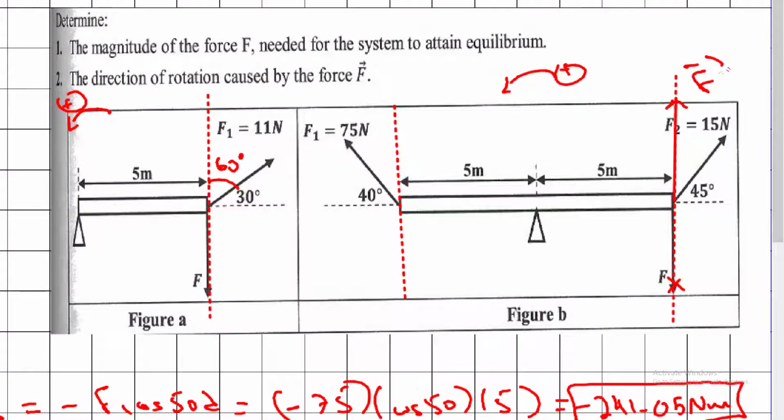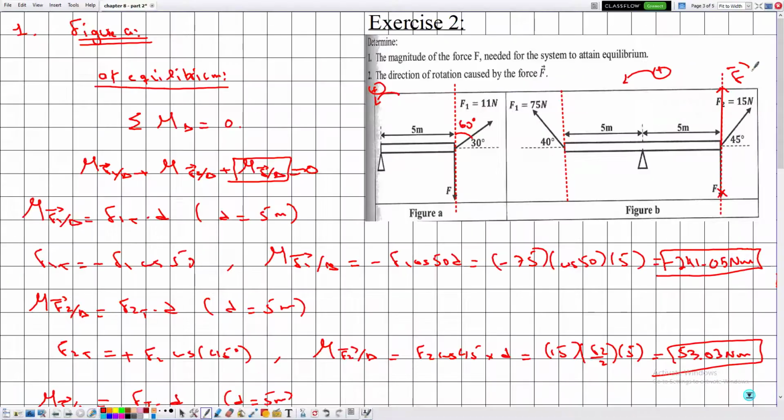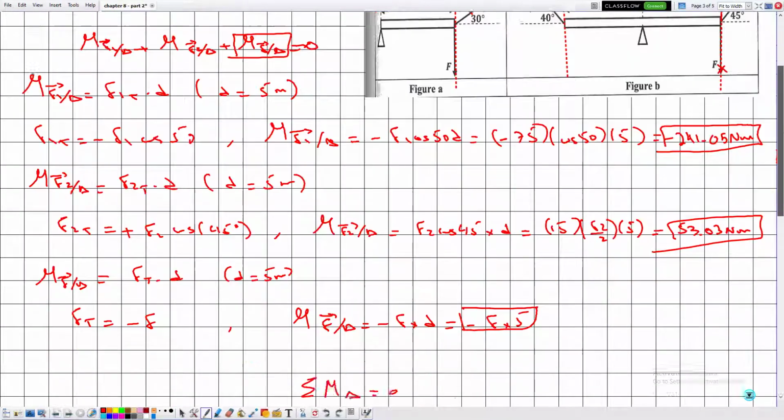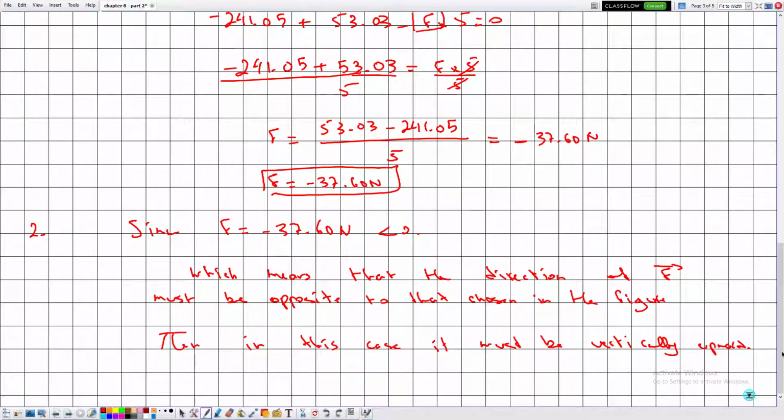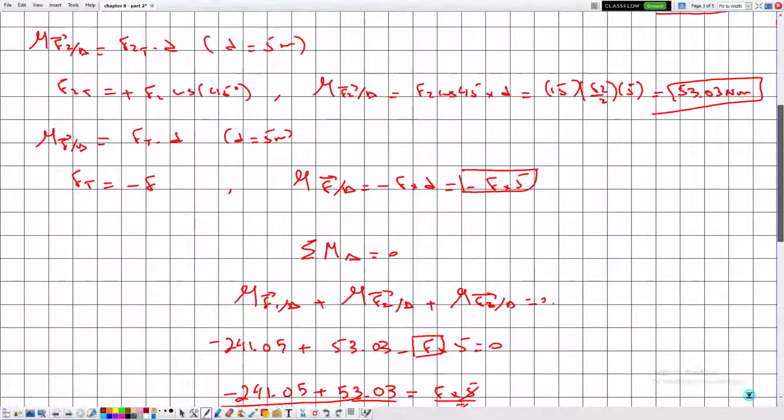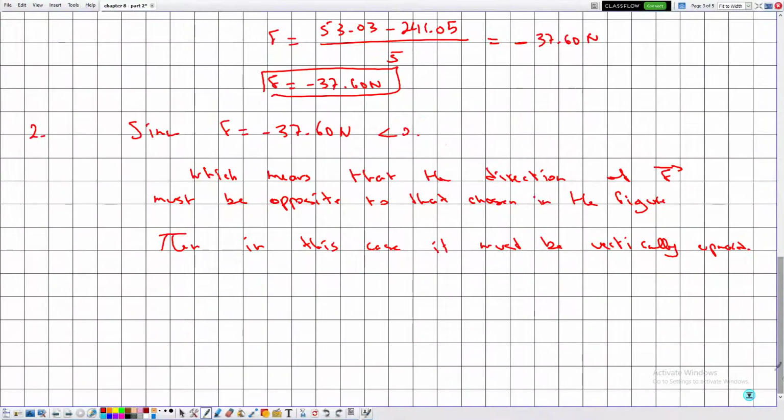Now in this case, F will try to rotate the system in the positive direction, which means anti-clockwise. The direction of rotation caused by F is anti-clockwise.